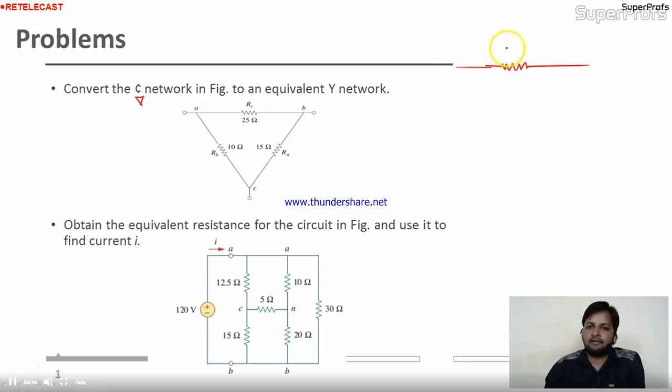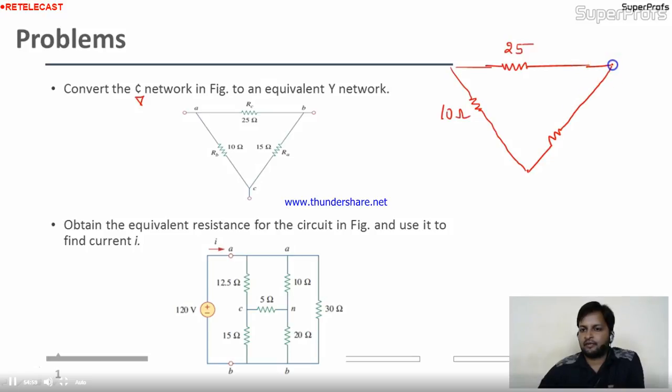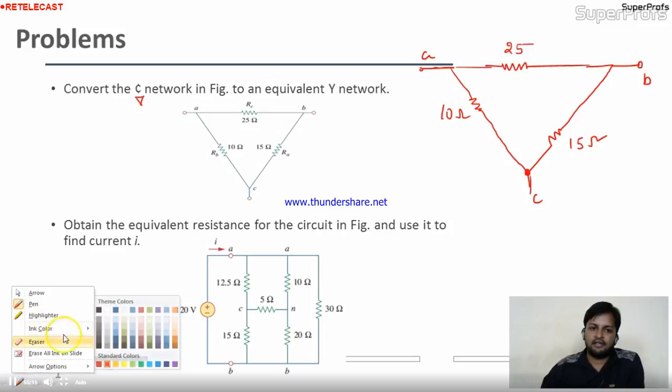They have given the values also: 25 ohm, 10 ohm, and 15 ohm, with three terminals C, B and A. Now, our task is to convert this circuit into equivalent star.